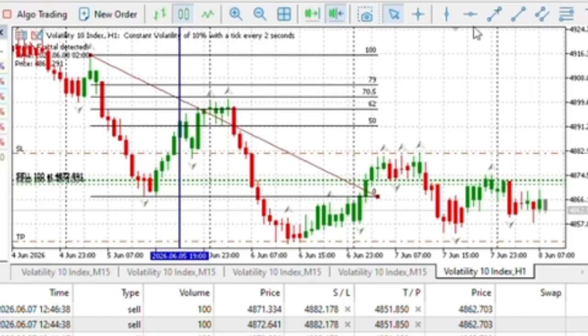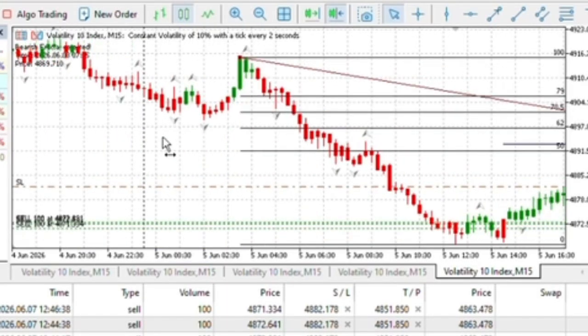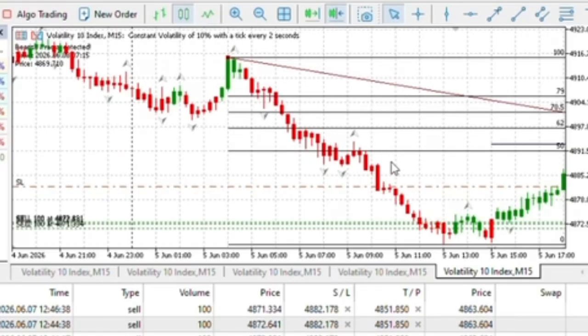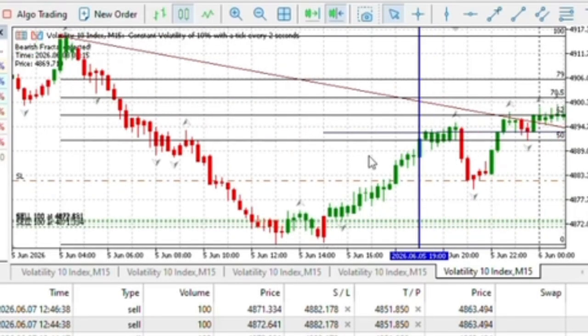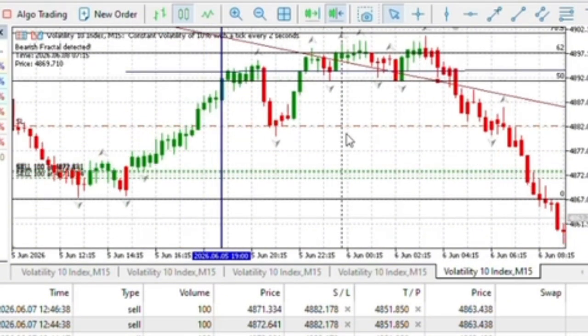You can even go ahead and use the arrow tool to mark out the close of that candle to the future, and then scale down to 15 minutes. So this is our candle here, and this is the close of that candle.